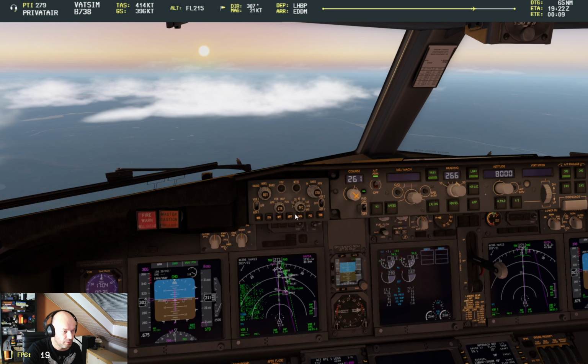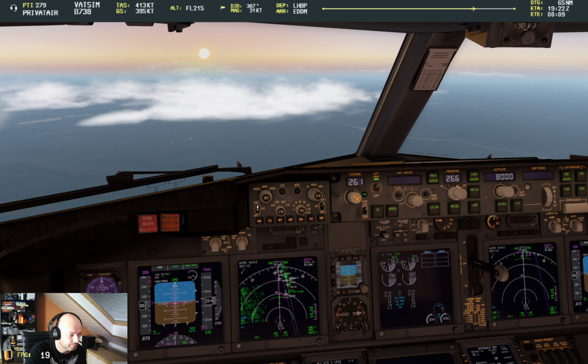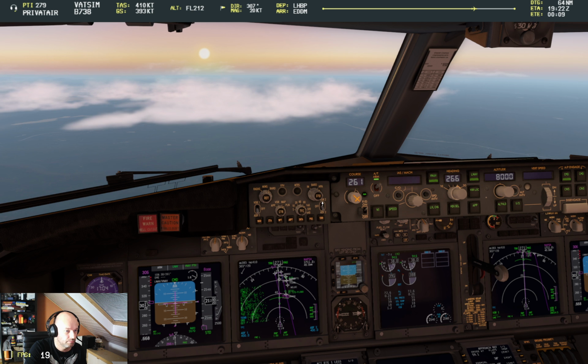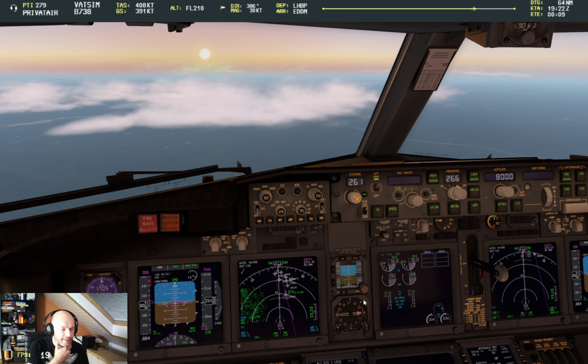Means we can use the needle here on ADF1, ADF2 as we like. Cool, so we set everything, I think.